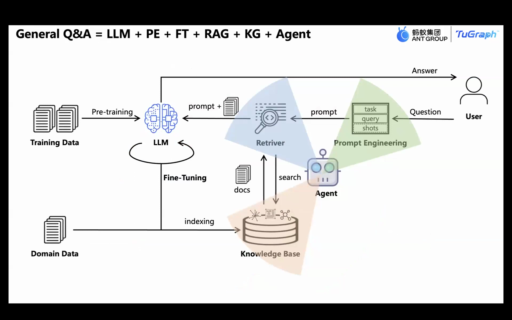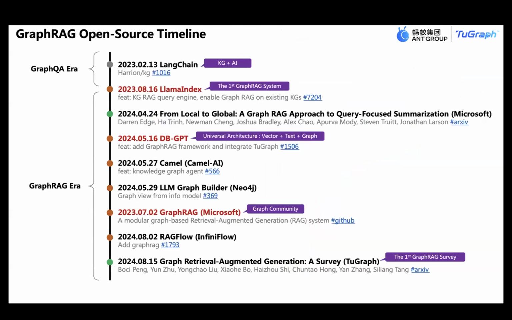We use prompt engineering to enhance the question context, and then combine the prompt with knowledge docs from the knowledge base through retrieval to form a full context with the question, and send this request to the LLM. So GraphRAG in this scope is, in my opinion, using graph index technology in the knowledge base.